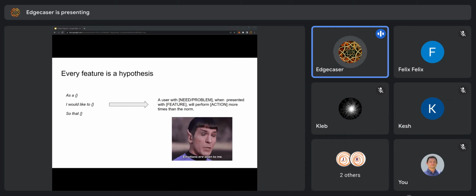I think there is a gap in how you tend to think about the problem when you start the description with the solution as opposed to starting with a problem. The rest of it is: I'm presented with a feature, and the user will perform a specific action.